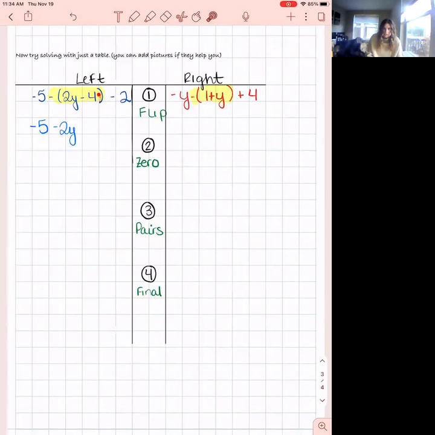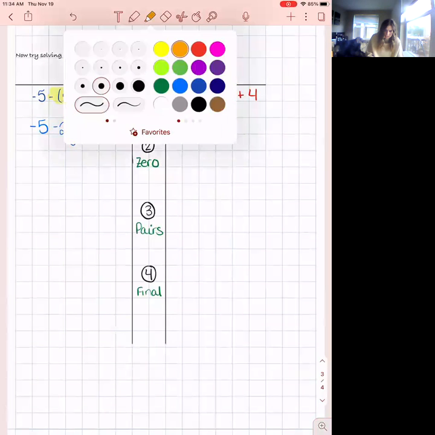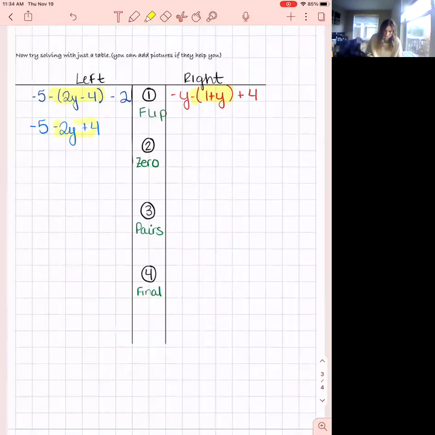The opposite of negative 4 is plus 4. And I will highlight the new stuff. So that became that. And I can't forget this little guy hanging off the edge. He is still minus 2.